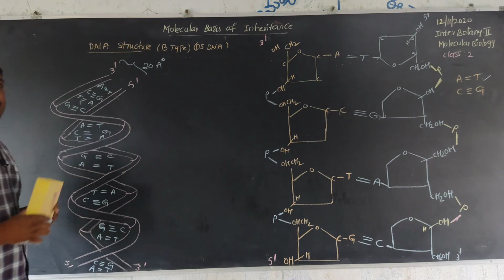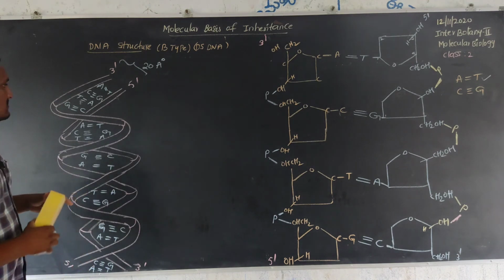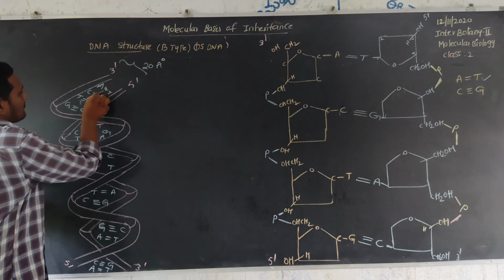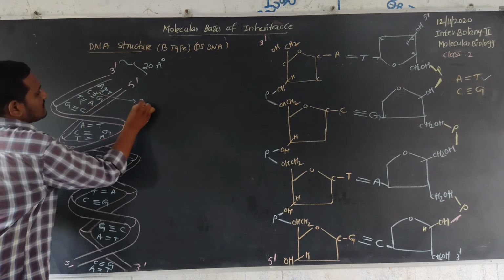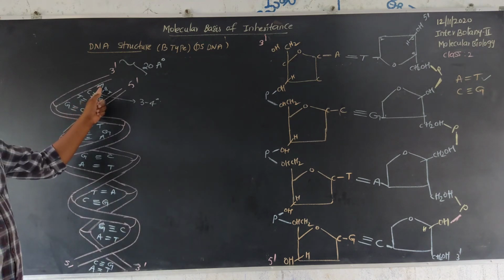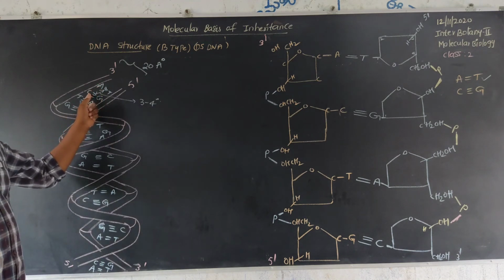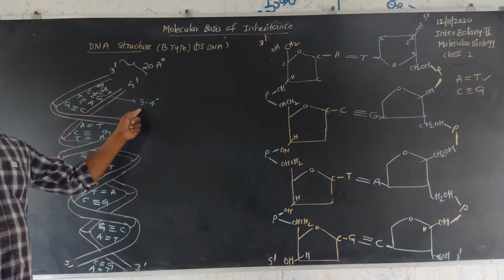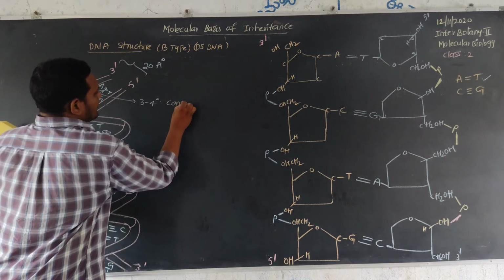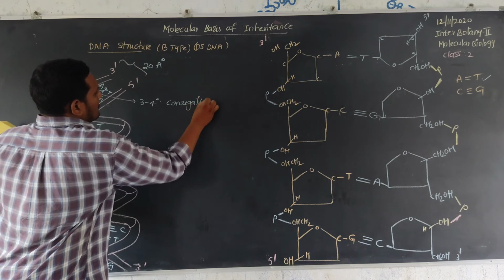Next, the gap from one nitrogen base to the next step of nitrogen base is 3 to 4 angstroms, meaning they are consecutive.